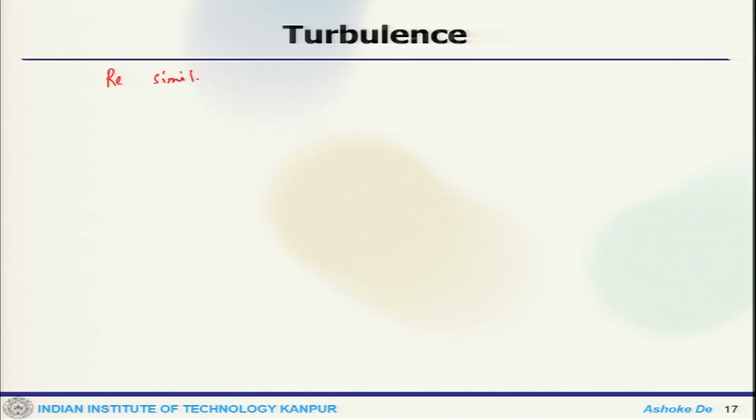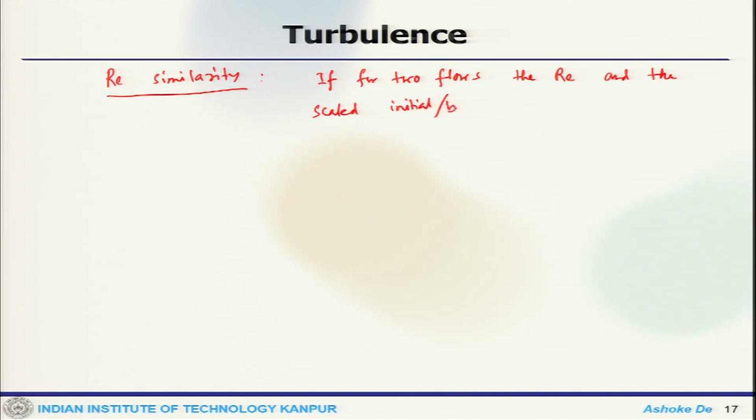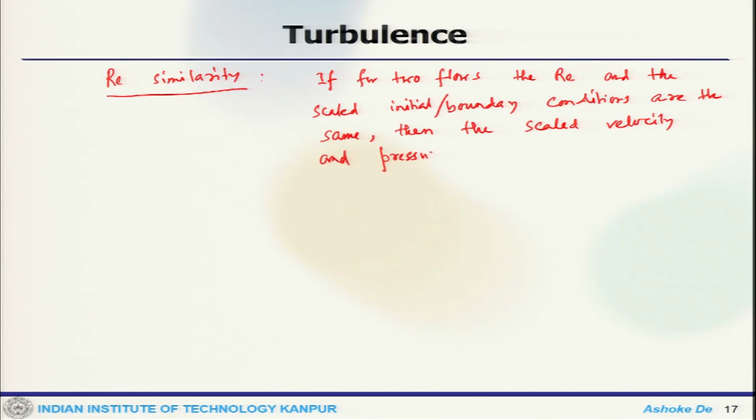So, Re similarity, that is one important thing, which says that if for two flows the Reynolds number and the scaled initial or boundary conditions are the same, then the scaled velocity and pressure fields are the same as well.